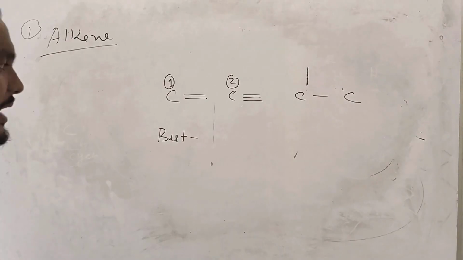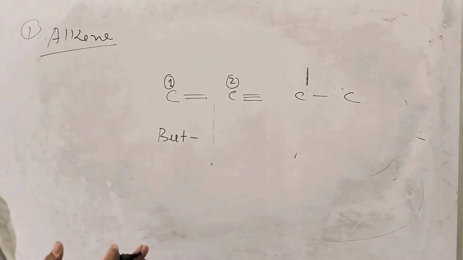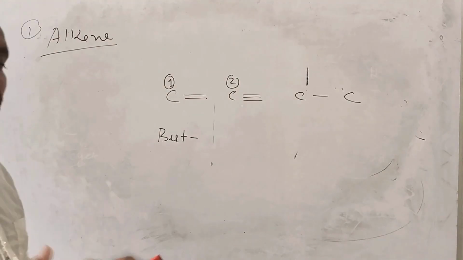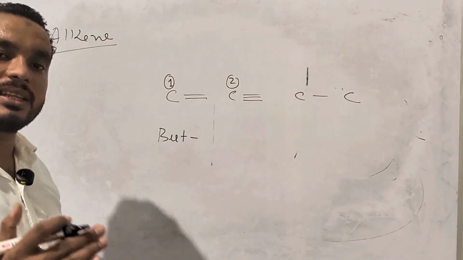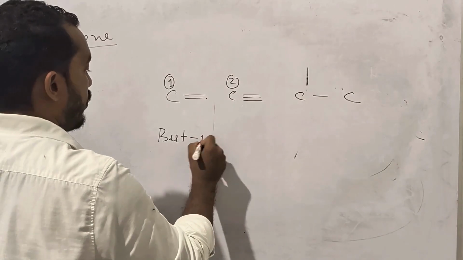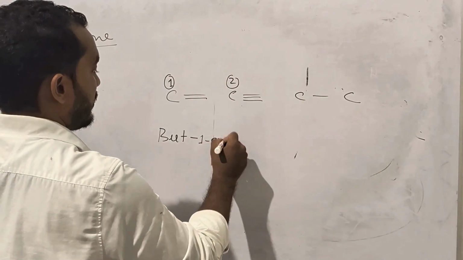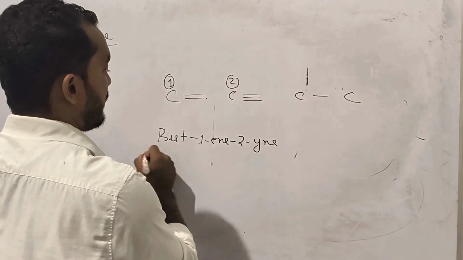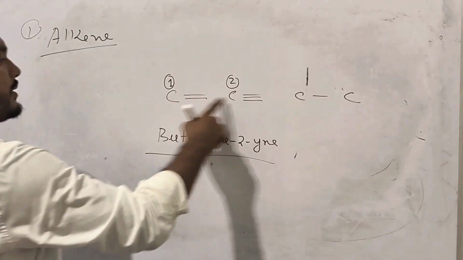In a carbon chain, if there is a double bond and a triple bond, first of all you have to mention the alkene, then alkyne. So but 1 en 2 yne is the chemical name.